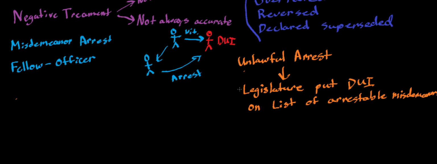And by doing this, it said that since the DUI is no longer going to be operating under the misdemeanor arrest rule, then naturally an officer can rely on the fellow officer rule to make an arrest.